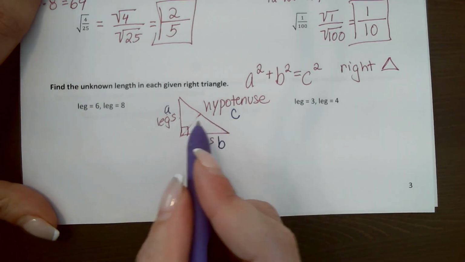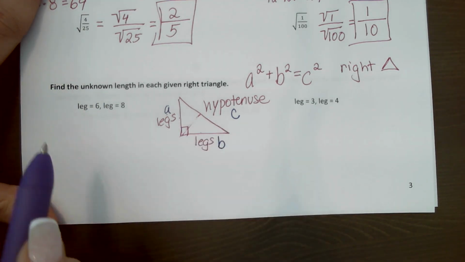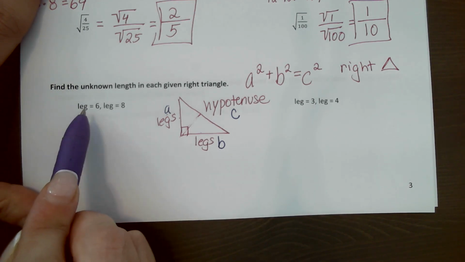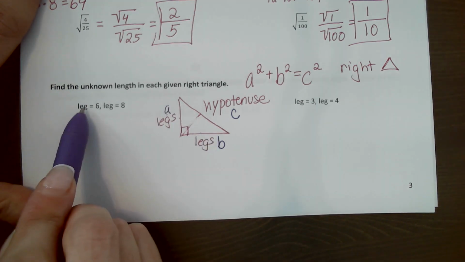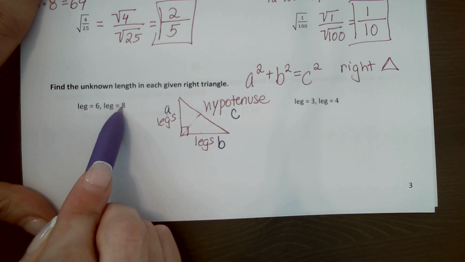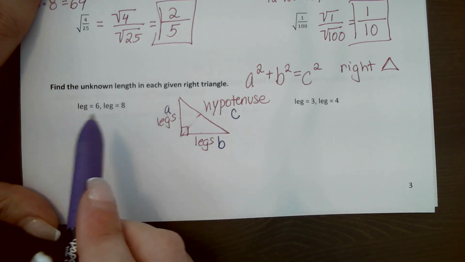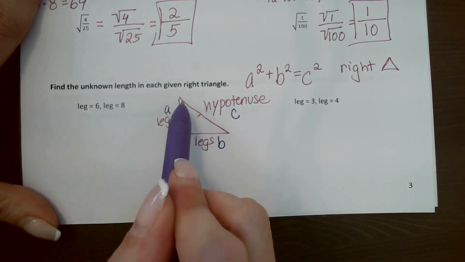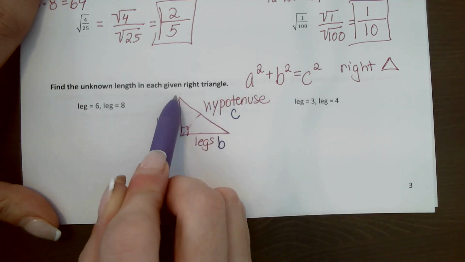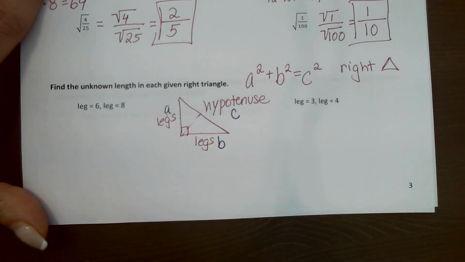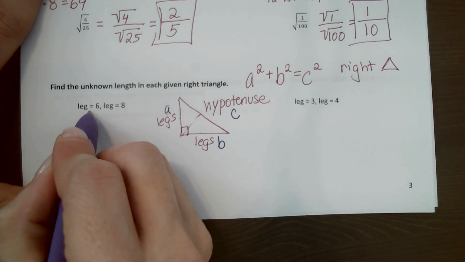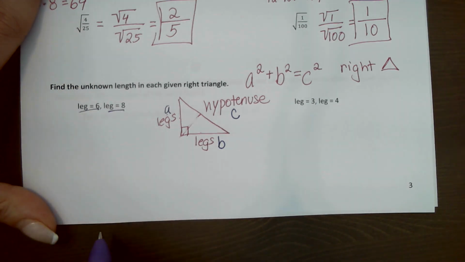When we are trying to find a missing side, we can plug in the information they give us for the existing known side lengths, and then we can use our equation to find the unknown length. So here they're telling us the first leg is 6, the second leg is 8.